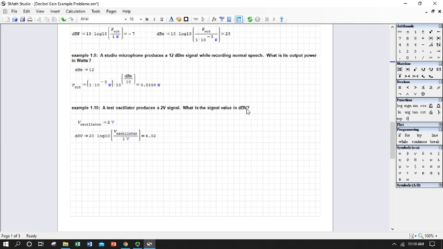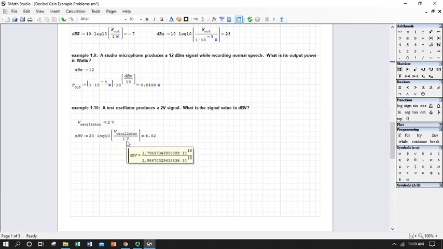So when we see dBV, we know this is a voltage reference to 1 volt. But because it's dB anything, it's equivalent power. So if I'm going to use a voltage versus a power ratio in the argument of the log, I have to use the 20. So the voltage of the oscillator is 2 volts.